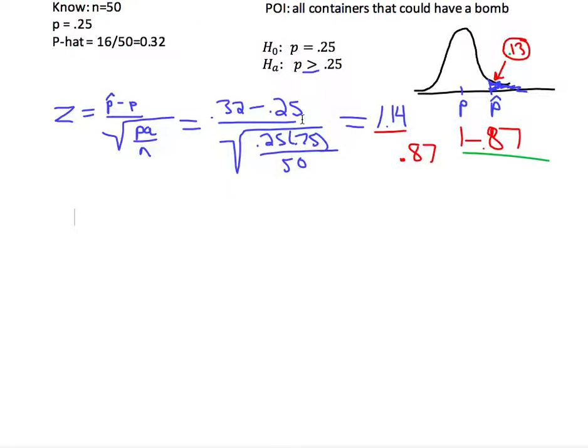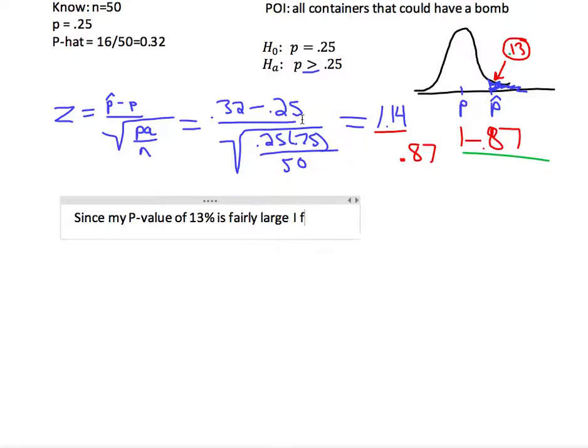So that's a pretty large one, 13% chance of seeing what we saw. That's a pretty good chance. So I think I'm going to fail to reject. So since my p-value of 13% is fairly large, I fail to reject H sub O.